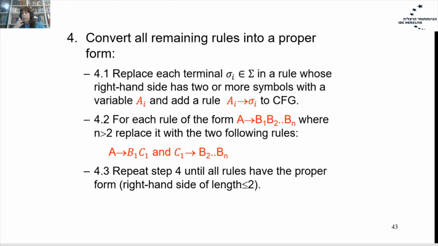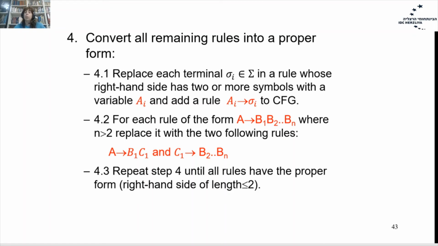The proper form means that we will replace each terminal symbol sigma i in a rule whose right-hand side has two or more symbols with a variable Ai, where from variable Ai we will derive this letter sigma i.